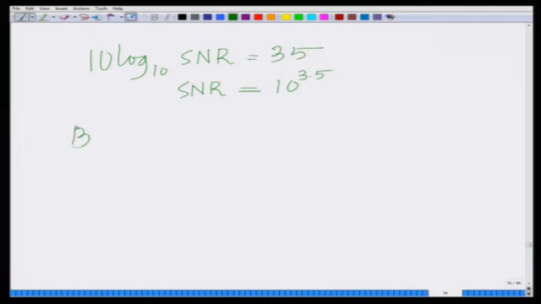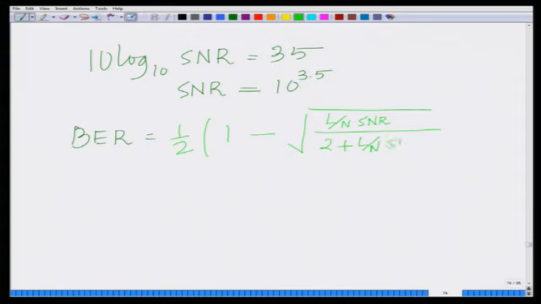The bit error rate of this system is half 1 minus square root of L over n SNR divided by 2 plus L over n SNR, and now we are given L equal to 16, n equal to 256.